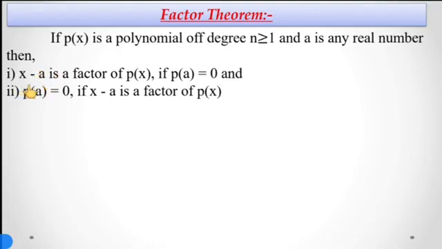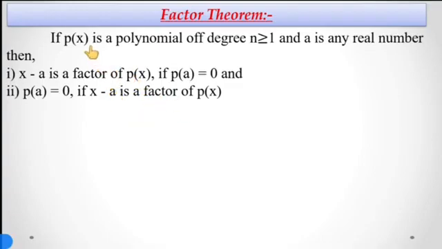The first condition, x minus a is a factor of p of x if p of a equals 0, and p of a equals 0 if x minus a is a factor of p of x.